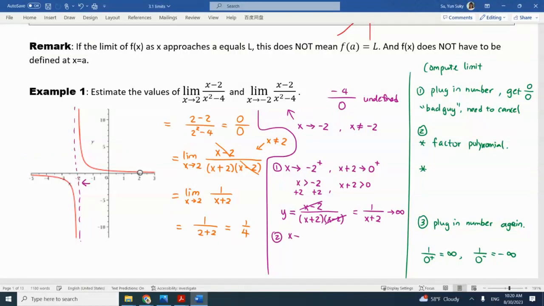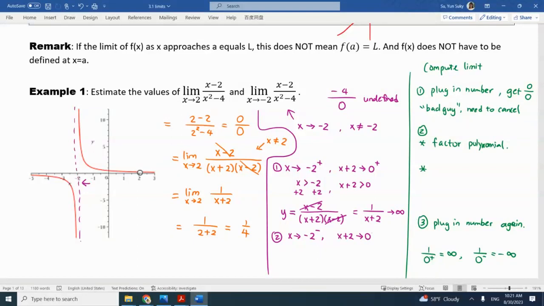And when x goes to -2 from the left, we have x plus 2 goes to 0 from the left or right? So this is from the left, right? Yeah. It means x is less than -2. When you add 2 on both sides, x plus 2 will be less than 0. So it's approaching 0 from the left. Yes?